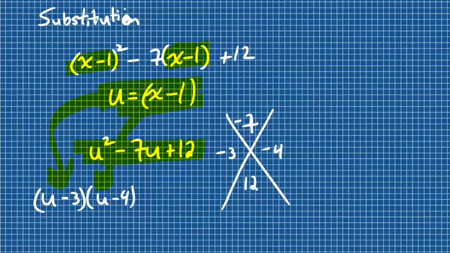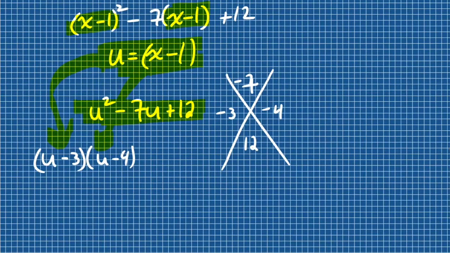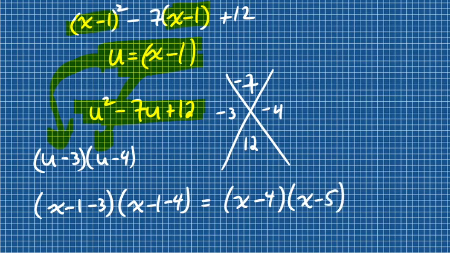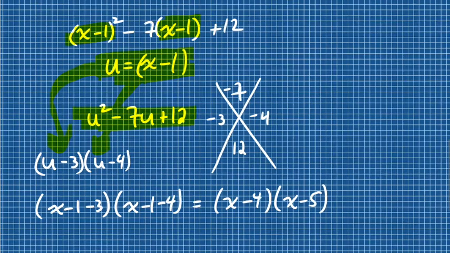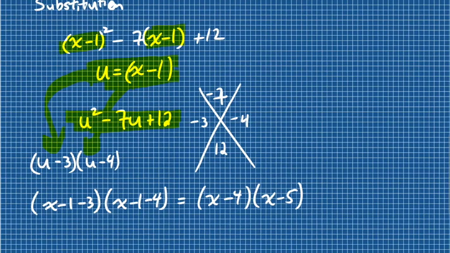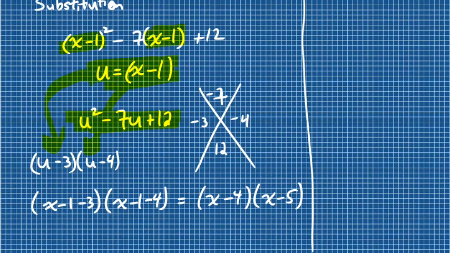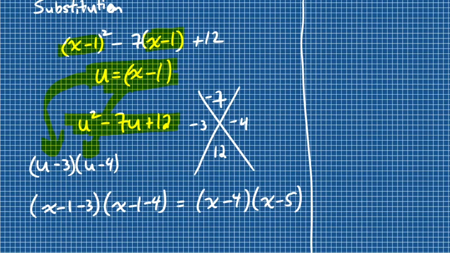So if I'm plugging x minus 1 back in for u, I'm going to get x minus 1 minus 3 times x minus 1 minus 4, which is going to be x minus 4 times x minus 5. And then that's your answer. That's your simplified form of it.